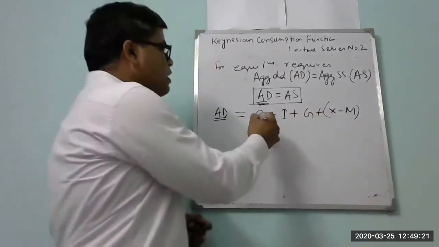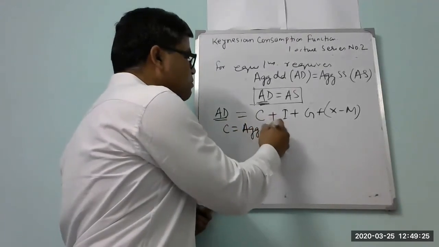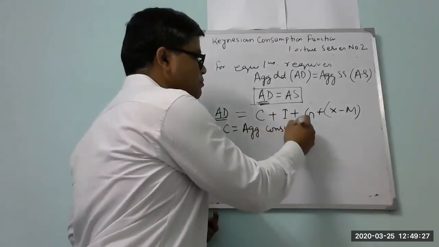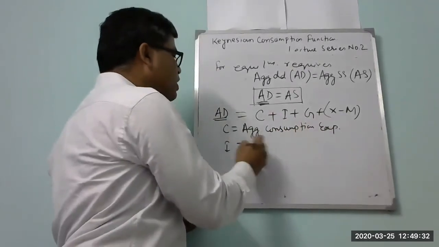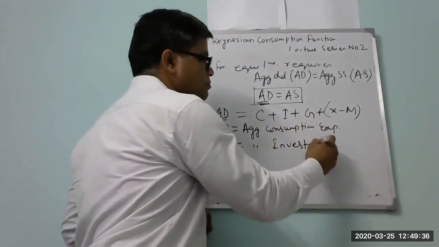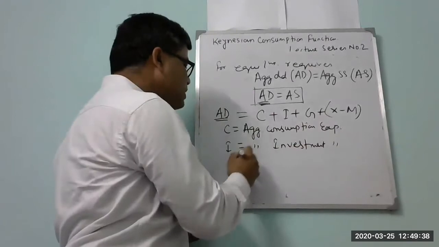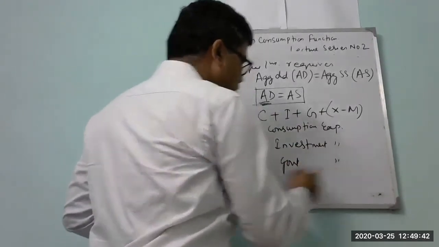C stands for aggregate consumption expenditure. I stands for aggregate investment expenditure. G stands for aggregate government expenditure.